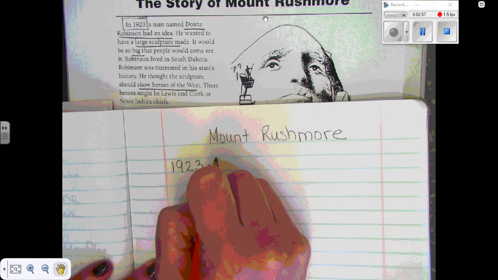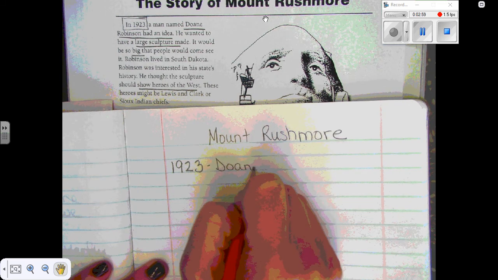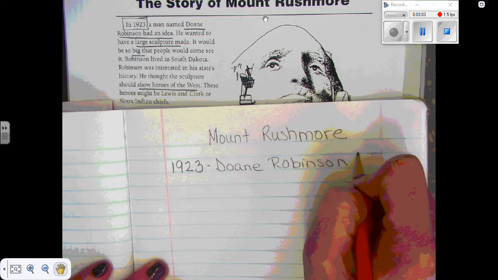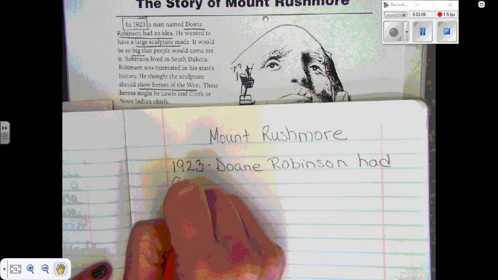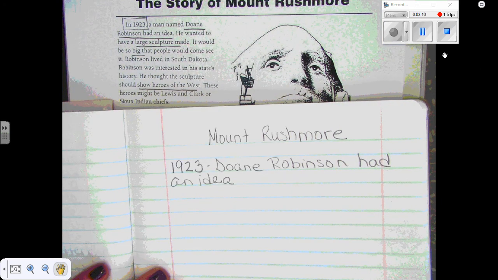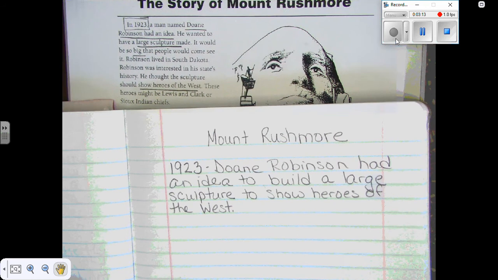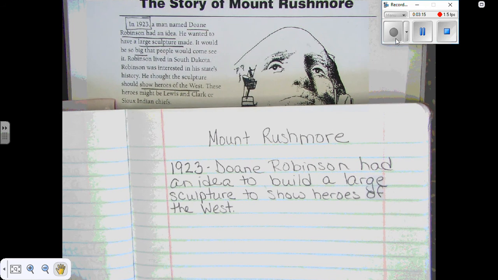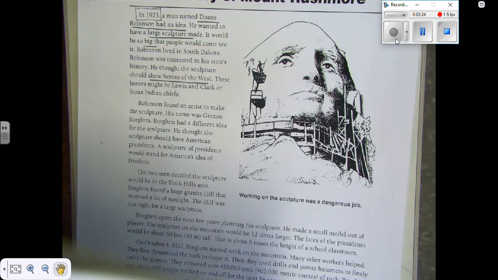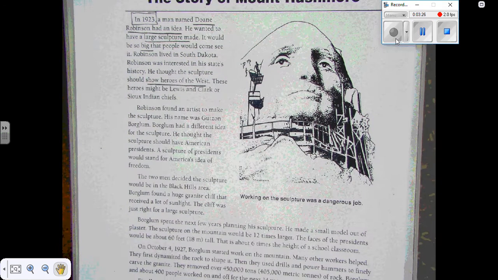So I'm going to say, Doane Robinson had an idea. Here's my continued thought. So in 1923, Doane Robinson had an idea to build a large sculpture to show heroes of the West. Now I'm going to continue reading my article, looking for more dates.